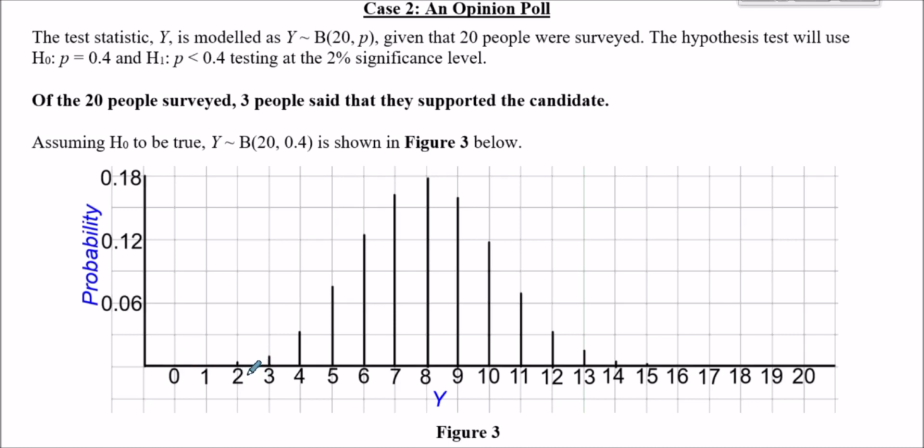Sometimes 2 people, 3 people, 4 people, and the most common number of people you'd expect to be supporting her would be 8 people, because 0.4 is 2/5. 2/5 of 20 would be 8, and so the modal number of supporters you'd expect would be 8. Then less and less likely as we go up, down to virtually 0 when we go to 16 or higher. Not impossible, but very, very low chance. So let's have a look and get this modelled using our statistics.